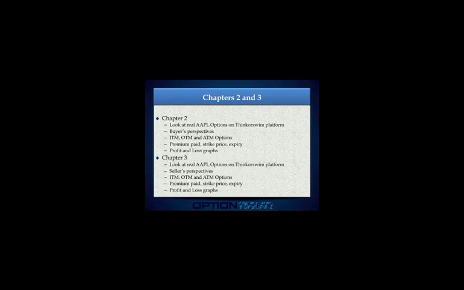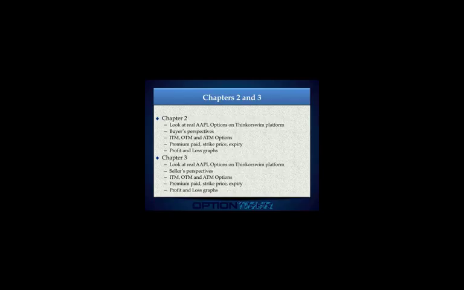We are going to look at real Apple options, and we are going to study in the money, out of the money, and at the money options. We look at various aspects of an option like the premium paid, the strike price, the expiry date, as well as its profit and loss graphs. Hopefully this real world example has been a good example for you to understand what a call option is.